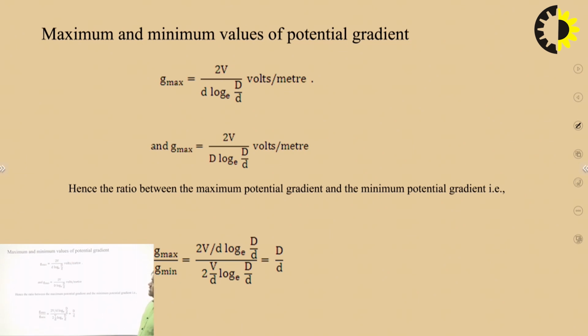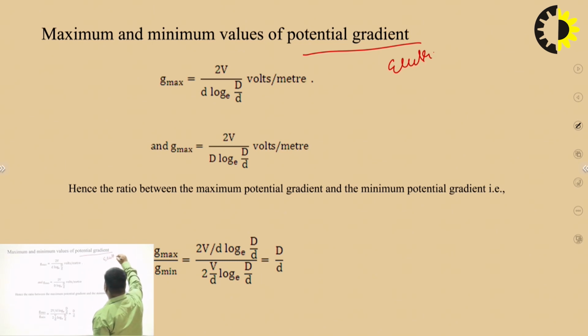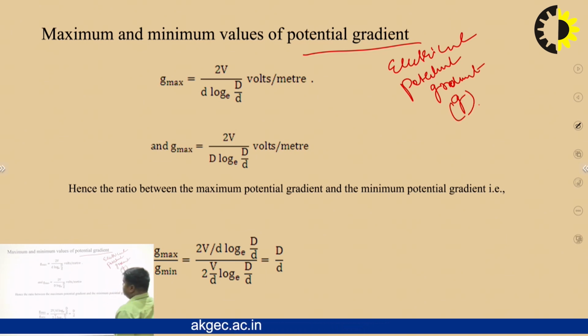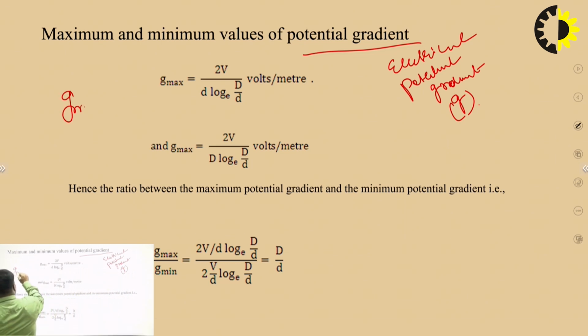Now we will see the maximum and minimum values of the electrical potential gradient G. When will G be maximum?